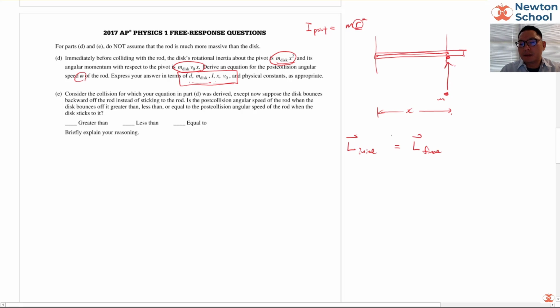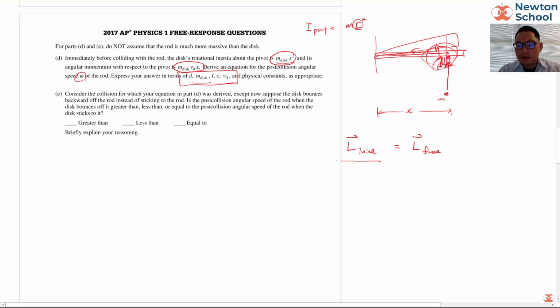The reason is that this guy applies force, this guy applies torque, but eventually they move together. So the disk will lose speed, and in return this rod will gain speed. Eventually they reach the same speed because they are moving together. That is the middle process.